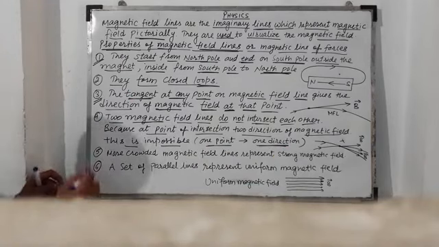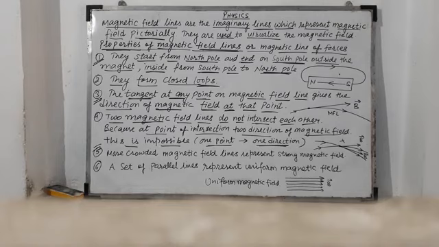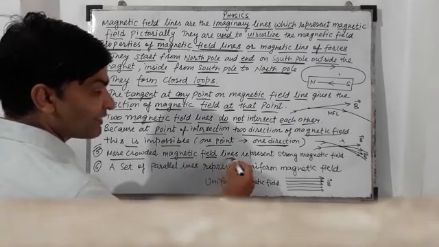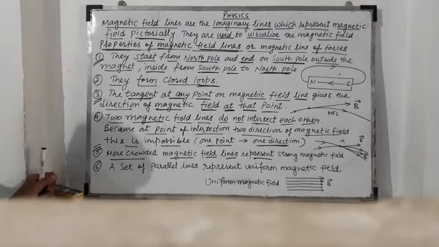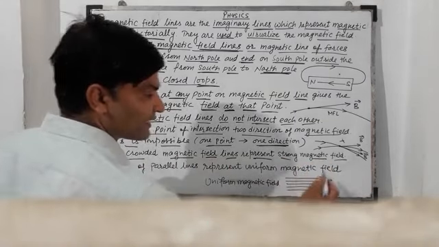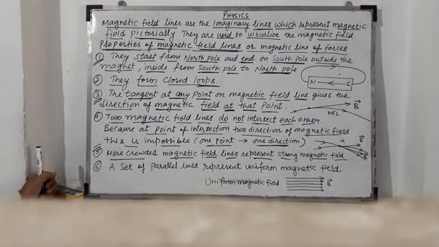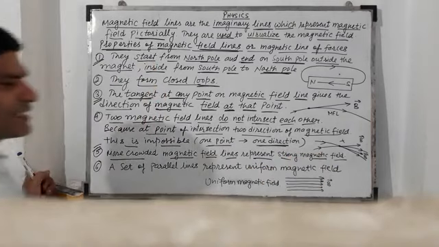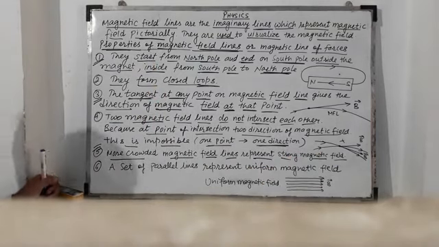Now the fifth property of magnetic field lines is that more crowded magnetic field lines represent a strong magnetic field. If at a location the crowd of magnetic field lines is more, then at that point a strong magnetic field is present.